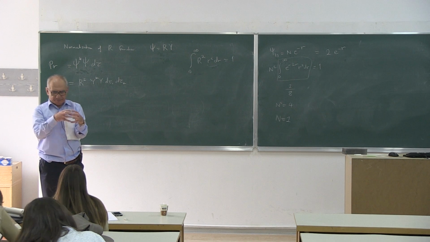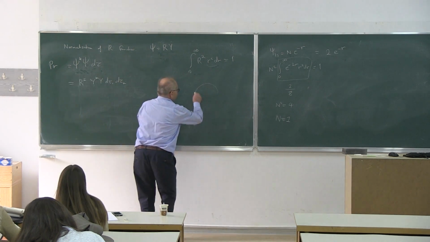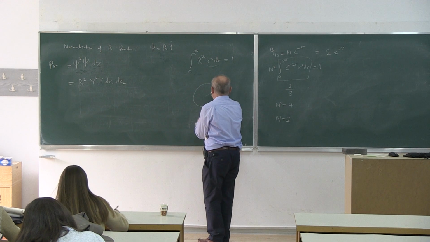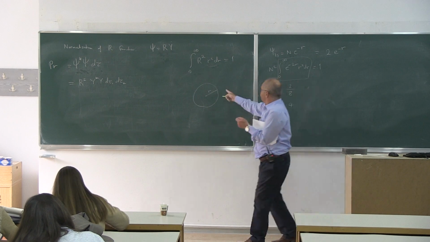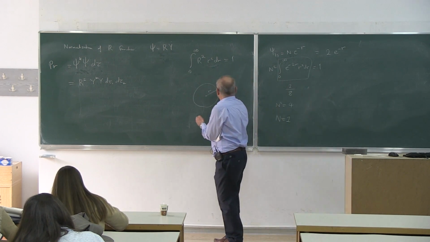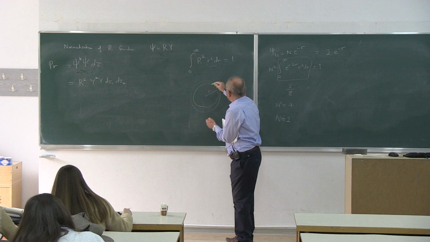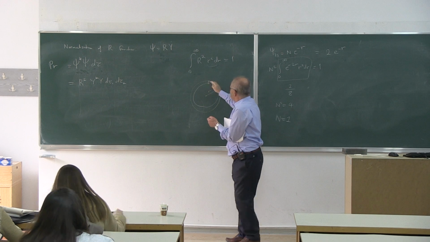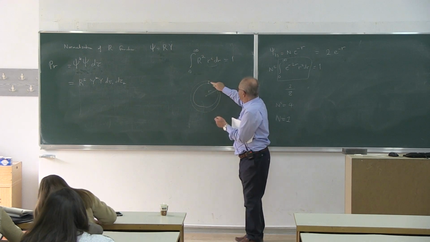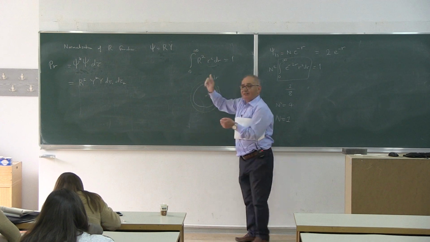Imagine a sphere with a radius r. So the cross section will be like this. Imagine another sphere which is concentric with this one. And the difference between the radius of the outer sphere and the inner sphere is dr, delta r.